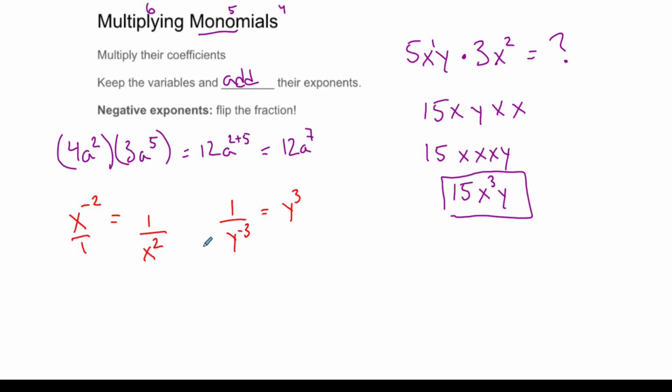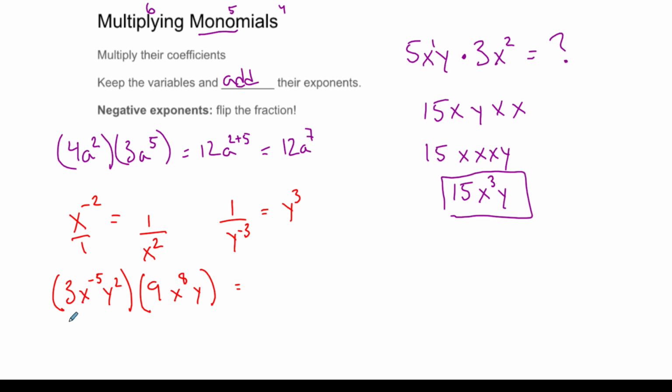So if I had something, for example, let's suppose we had 3x to the negative 5 y squared times, let's do 9 x cubed. Well, we'll keep it a little simple. Let's do x to the 8th y.